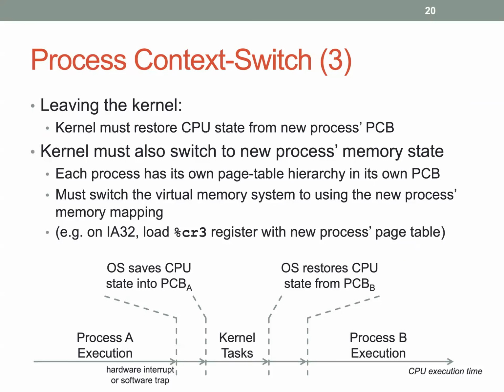Then oftentimes if we're switching processes, we actually have to change what memory looks like for the new process. I mentioned the page table hierarchy. Each process has its own description of what memory should look like. So the kernel has to switch from process A's description of memory to process B's description of memory. That also takes time.